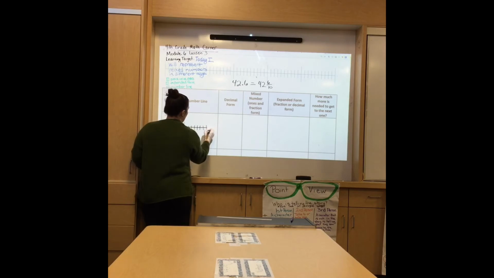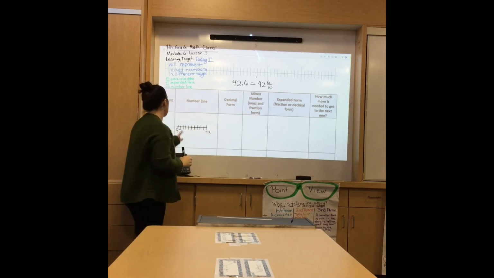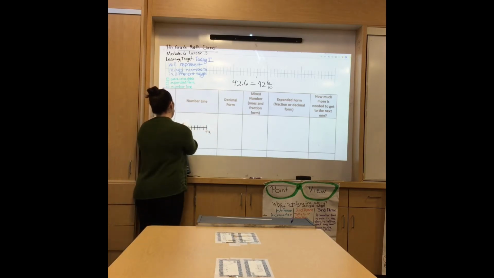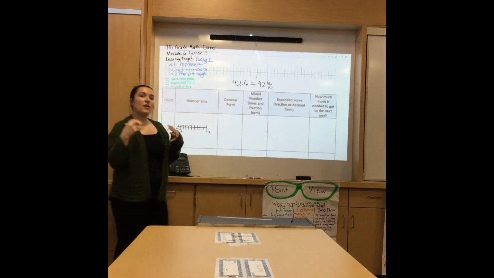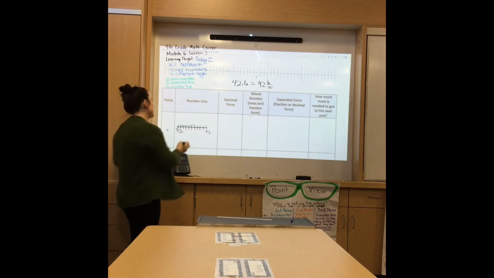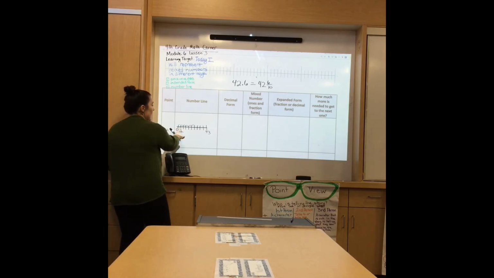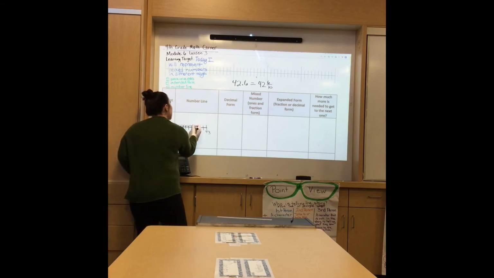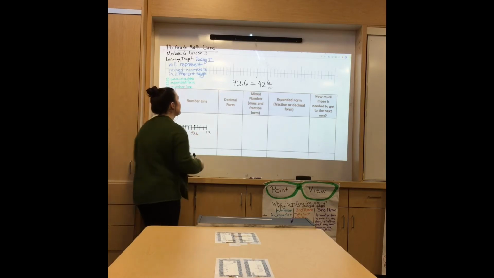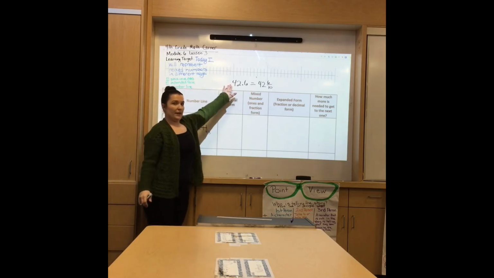And this would be 43. Okay. And so we're going to do 1, 2, 3, 4, 5, 6. 6 little hops, and that actually represents 42 and 1/10, 42 and 2/10, 42 and 3/10, and so on. So I'm going to put a little dot here and right below it, 42 and 6/10.